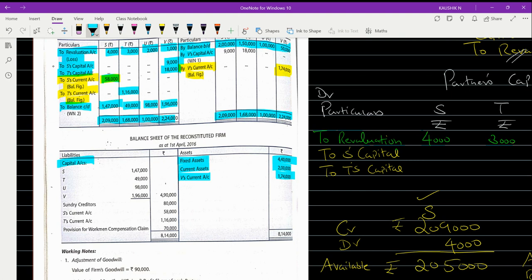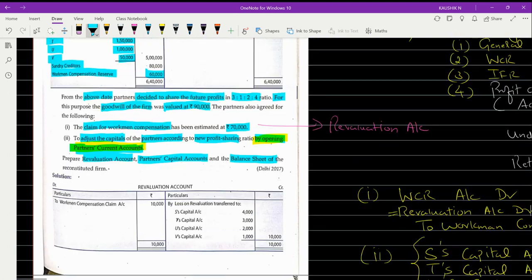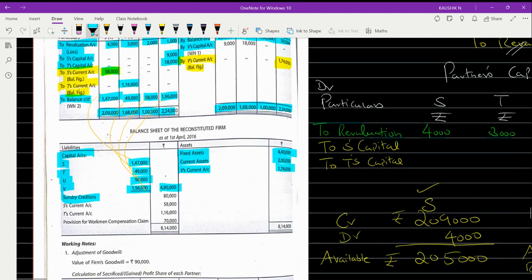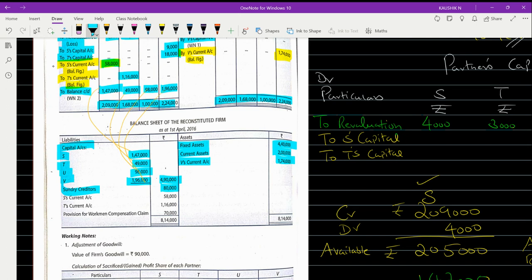For capital, S, T, U and V, the values 1,47,000, 49,000, 98,000 and 1,96,000 are floated to this particular account, and thereby the total comes to rupees 4 lakh 90. Then the sundry creditors given in your old balance sheet as 80,000, the same 80,000 is going to appear even right now. Any doubt up to this stage?